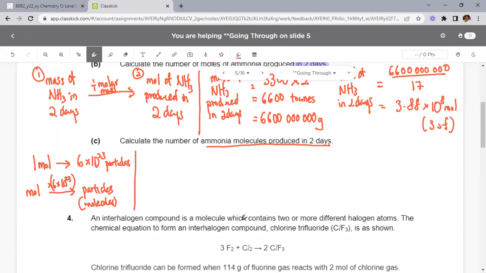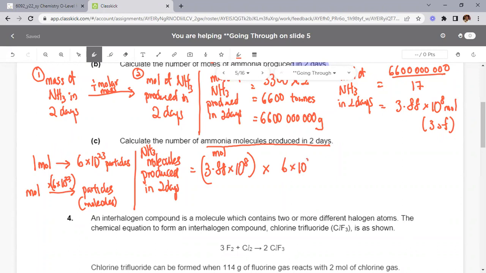So calculate the number of ammonia molecules produced in 2 days. I'm going to take the moles, which is 3.88 times 10 to the power of 8, and multiply this by 6 times 10 to the power of 23.